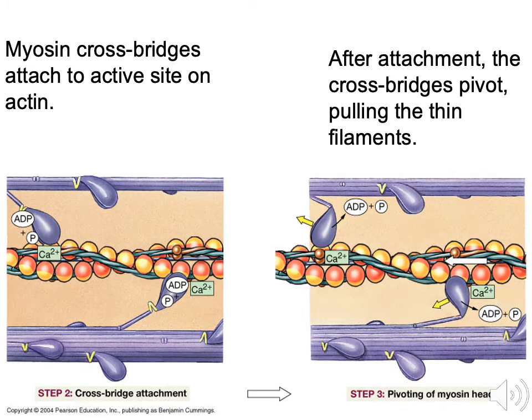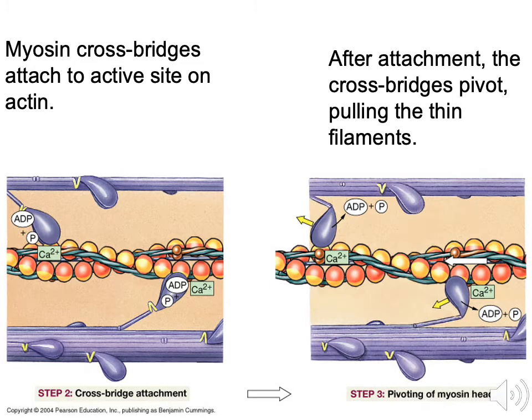Step 3 is where we start to see some movement. As soon as that myosin head is attached to the actin, it will pivot. This is what's often called the power stroke of contraction. The myosin head pivots towards the center of the sarcomere.